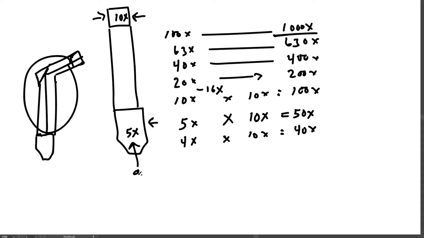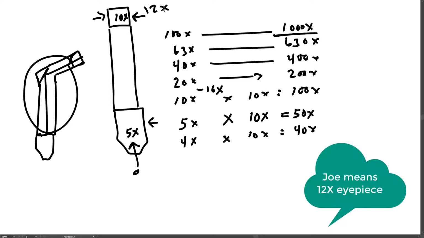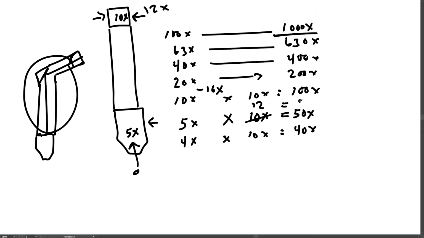So if you had a 12x eyepiece here instead of 10x, then it'd be 5 times 12, which would be 60x. So the microscope objective and the magnification provided by the eyepiece determine the overall magnification of your microscope setup. Now, one of the problems of the light microscope is that it just has these discrete magnifications. You either have to choose the 5x objective or the 10x, or the 10x or the 20x, and so on.